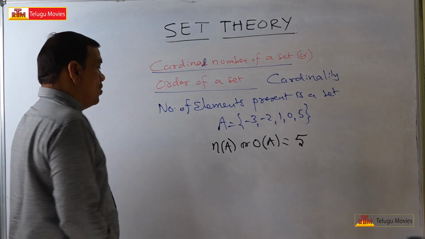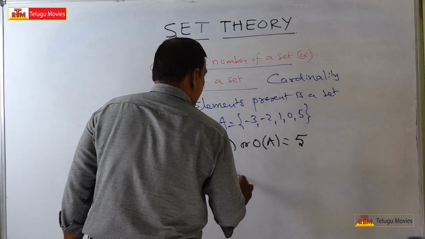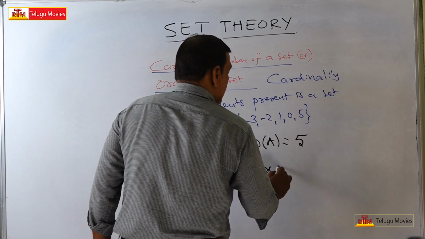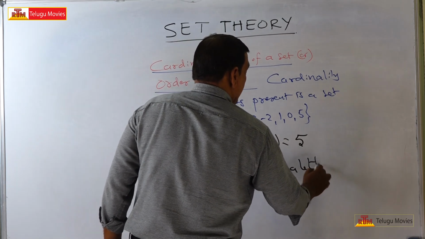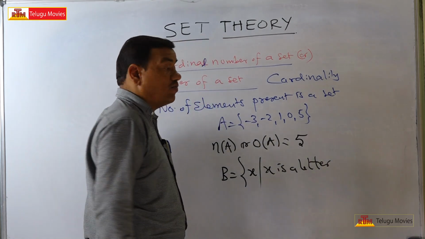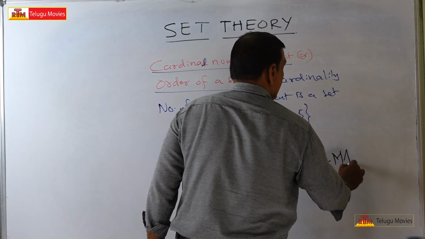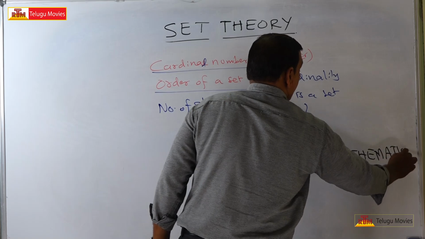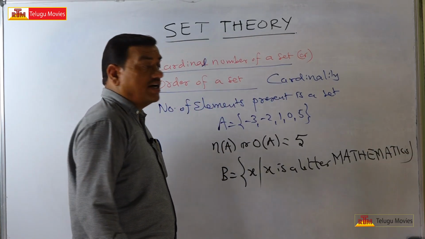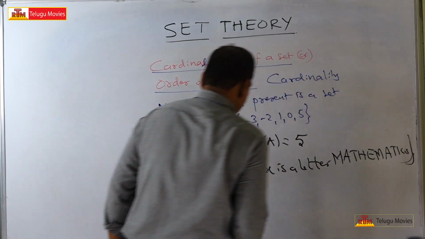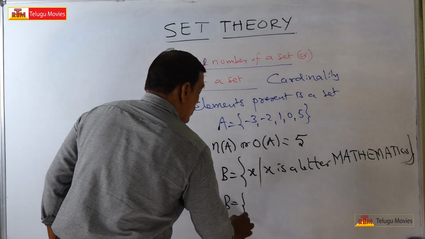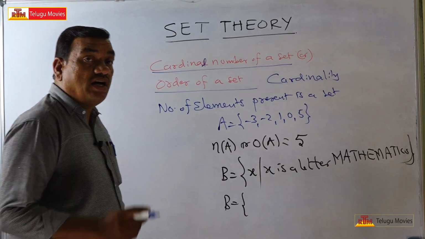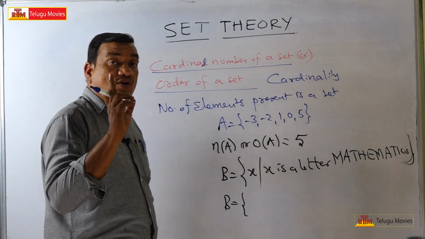Okay, now one more set I will write down. B = {x such that x is a letter in the word mathematics}. As I already told you, while representing a set, you should be careful: only one letter should be written at one time.